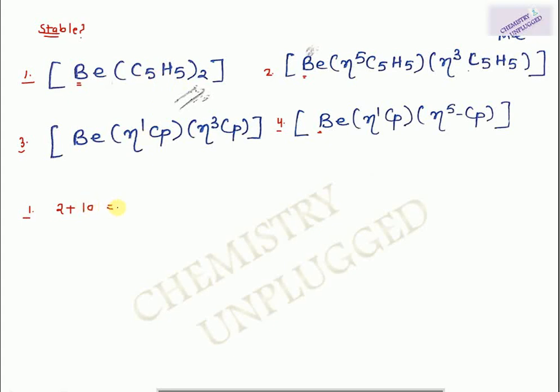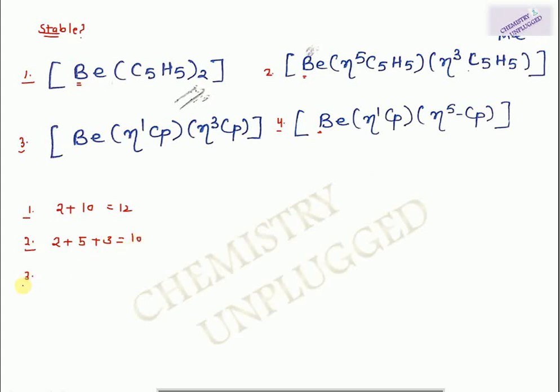So it has 12. It is not stable. Then we will take the second one. Again beryllium is 2. This is 5, and 3 means we will take 3. The total will again be 10.